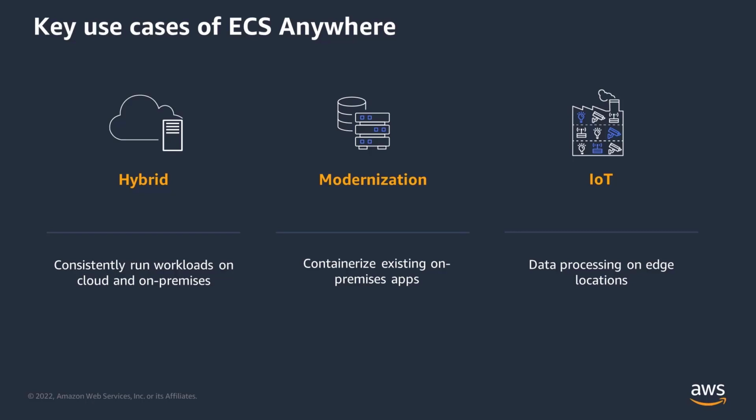And so some customers have done this with ECS Anywhere, Yada, for example, by connecting some of the data collected from their IoT manufacturing machines to some analytics applications in the cloud. And they've done this with ECS Anywhere.